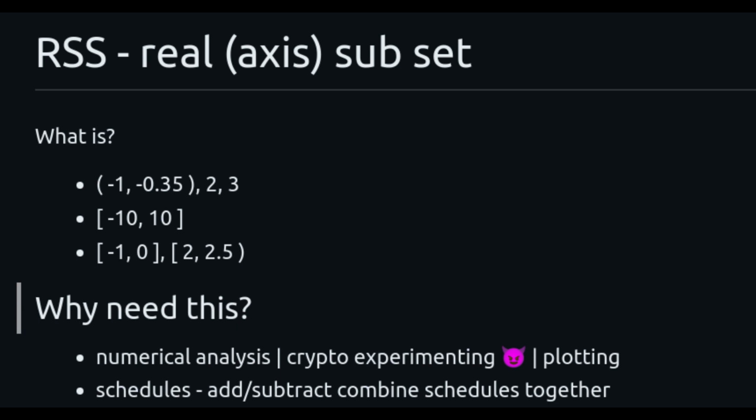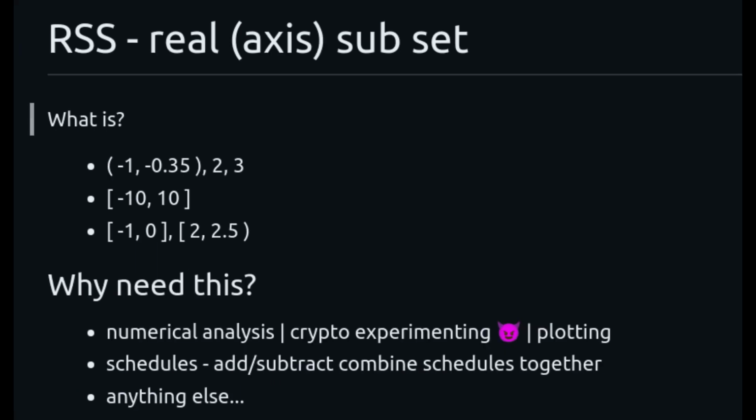Therefore, if you have this universal class, this universal module that can add, subtract, or in general combine these kinds of sets together, then you can combine, subtract, and add schedules together. You can do with this anything you actually want, if you need it.